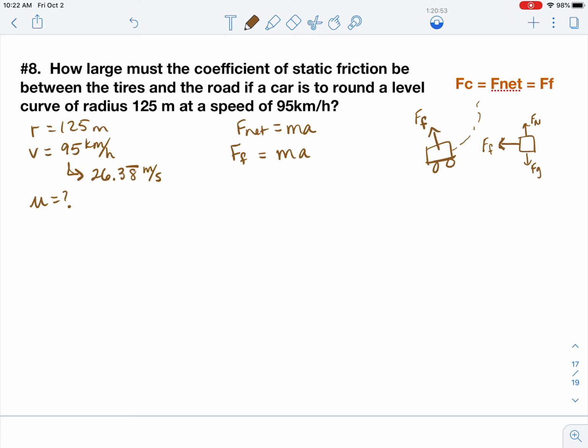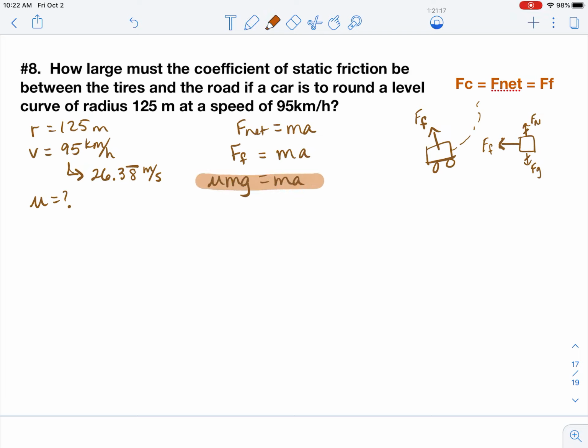Well, we're supposed to know that the frictional force is mu times the normal. So my frictional force will be replaced with mu times the normal, and if we look at our free body diagram here, our normal force is the same as the weight in this particular question. So for our normal force, we'll just plug in whatever m times g is.